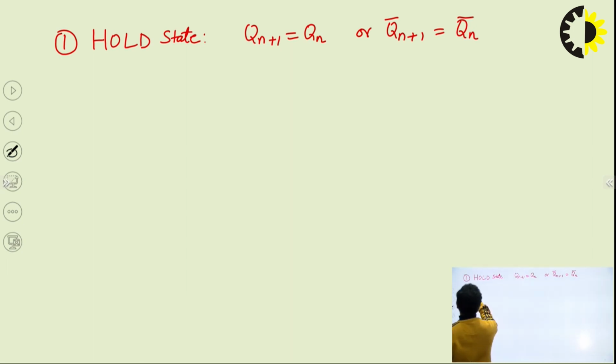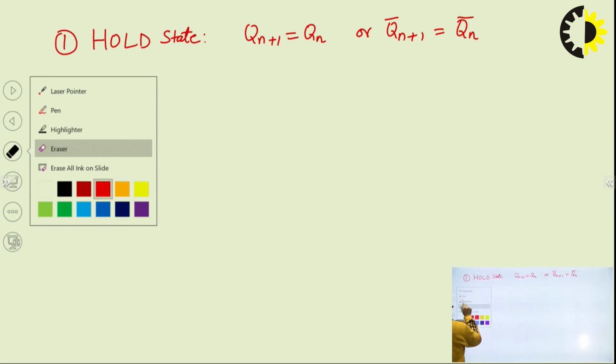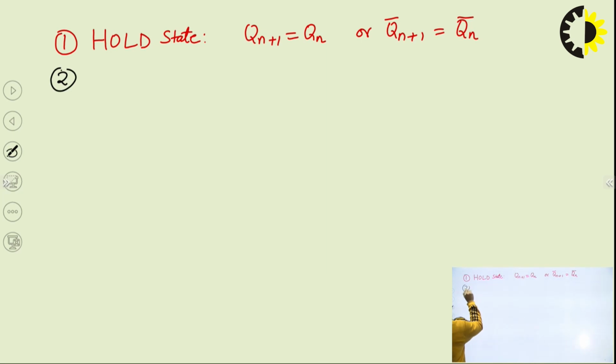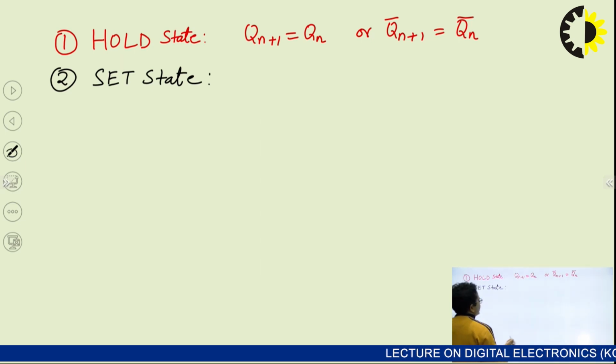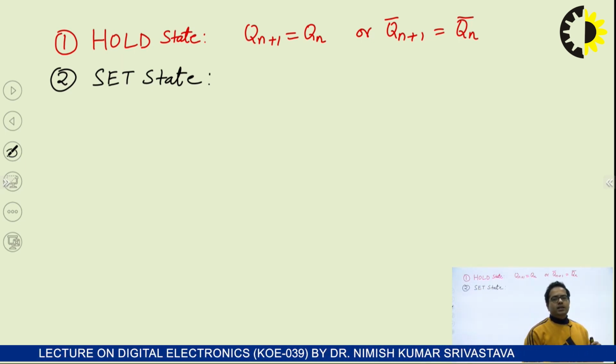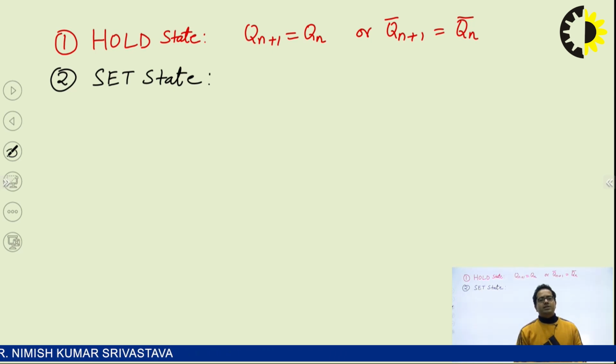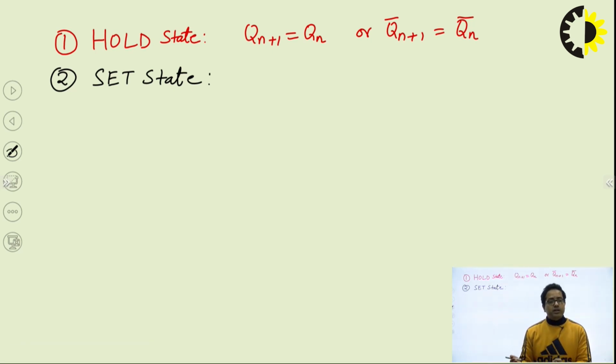Next state is, let us try to write down these different states with different colors. So first is your hold state, another is called the set state. Obviously by the word set, when we say any device is in a set state, it means that the output should be 1. Only then we will say that the particular device is in the set condition, right?